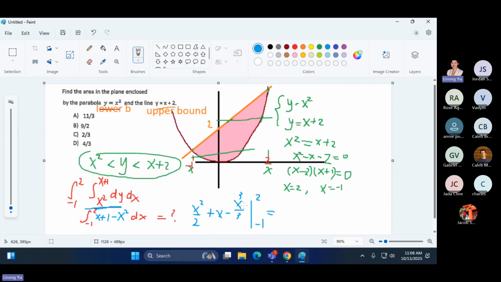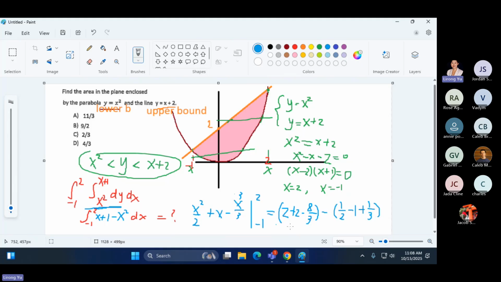If we put in the 2, the upper limit, 2 squared divided by 2 is 2, plus 2 minus 2 cubed, which is 8, so it's 8 over 3. That is the upper limit evaluation. At the lower limit, you put in -1, but the square of -1 still equals 1, so it's 1/2. And then -1. -1 cubed is still -1, so it's going to be +1 over 3.